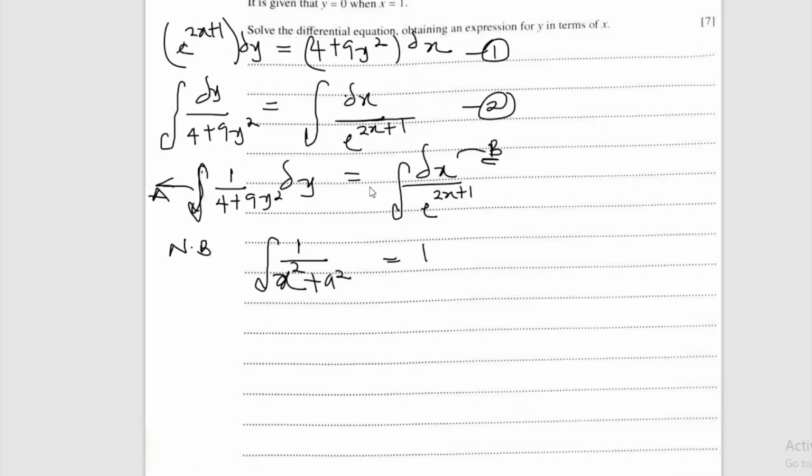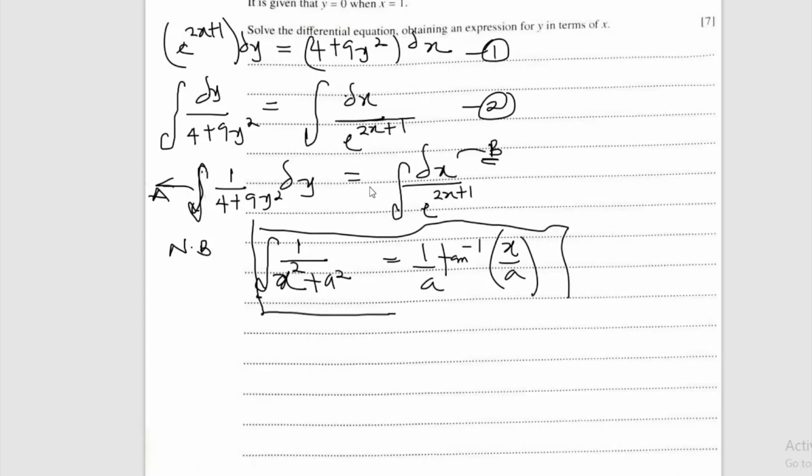The answer is 1 over a arctan of x over a. When you check this constant, the a has no coefficient, the x has no coefficient, they're alone.